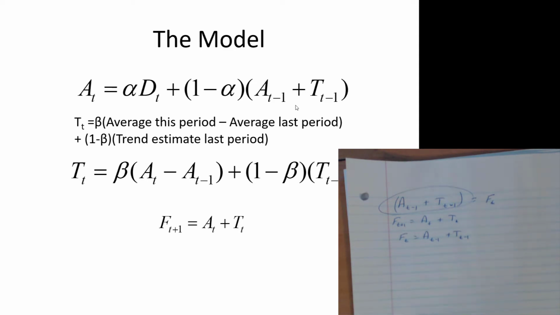The trend is trying to capture differences. So we look at the average from this period minus the average from the last period. That's a difference, and we're trying to capture this difference with the trend. We have an exponential smoothing constant called beta in that regard. So we have the difference between the most current period and the period before it, plus a factor times the previous estimate for the trend.